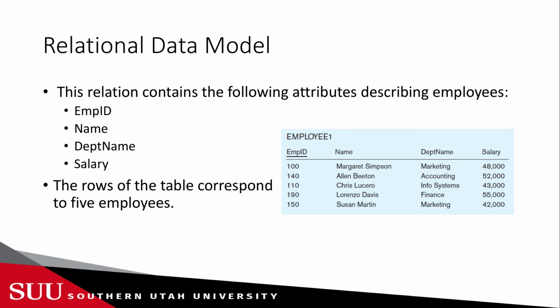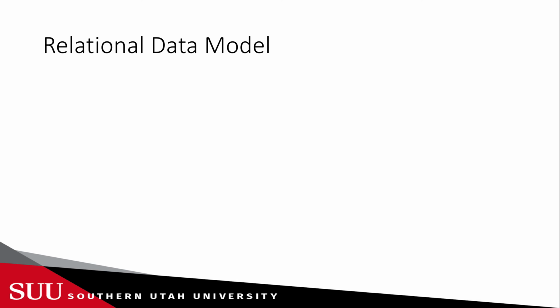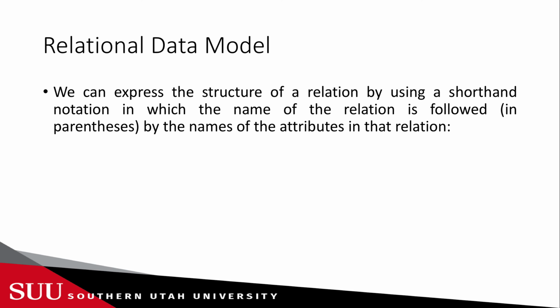Now how we can model this in terms of a relational model is as follows. We can express the structure of a relation by using a shorthand notation in which the name of the relation is followed by the names of the attributes in that relation, and we place those in parentheses. Now this is not the only way to represent it.